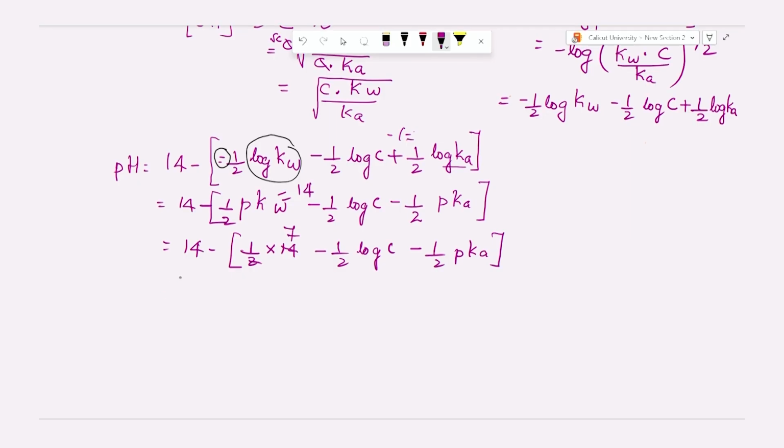Now, half of 14 is 7. I am going to expand the expression: 14 minus 7.